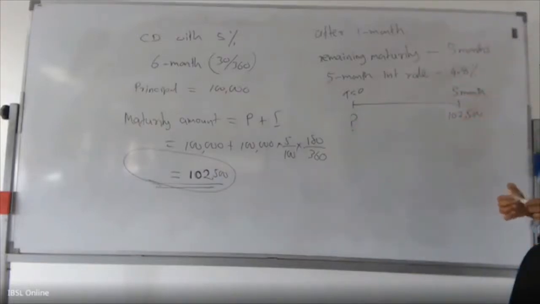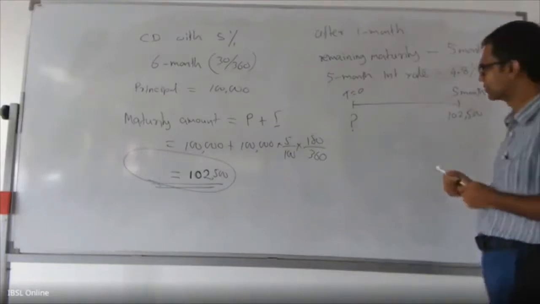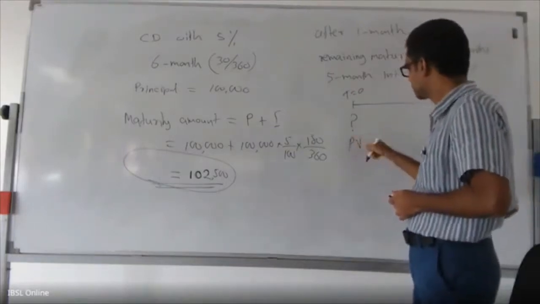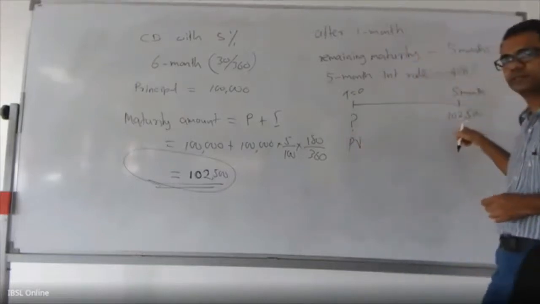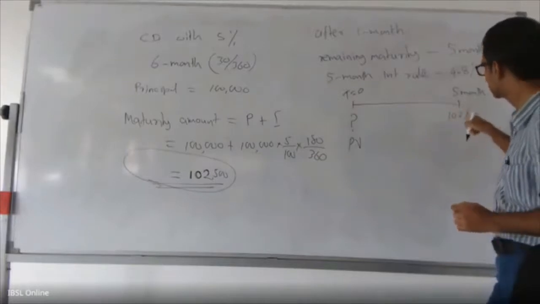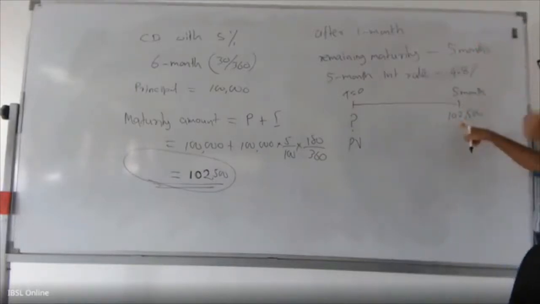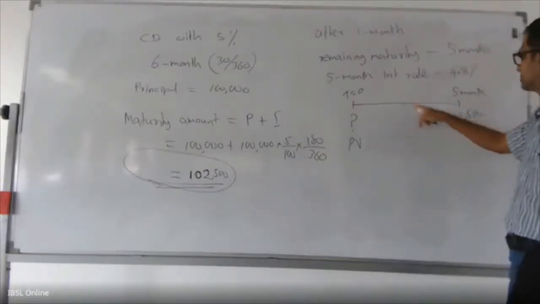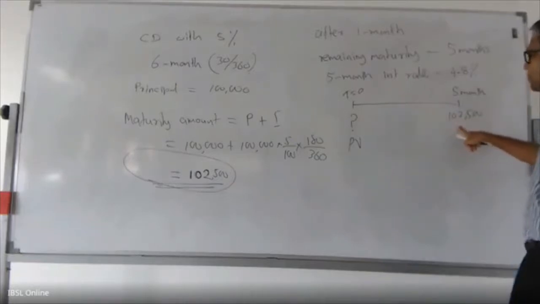So what is the amount that you pay to buy this instrument? How do you calculate it? You have to calculate the present value of this cash flow. That's it. But remember, this is not a semi-annual period or something like that.